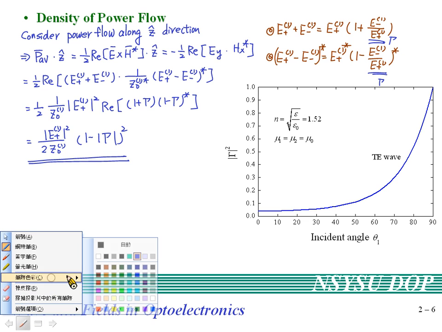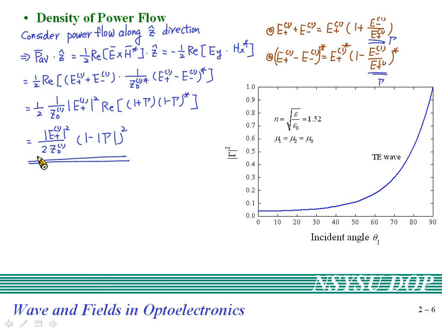And clearly, this part is the incident power density. This one means the transmitted power, the averaging transmitted power.